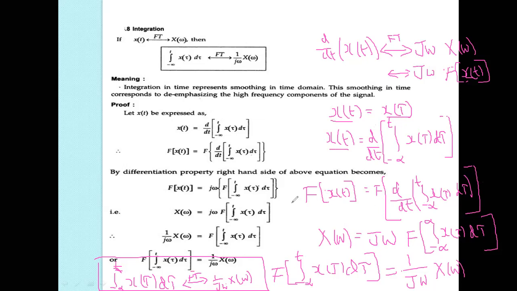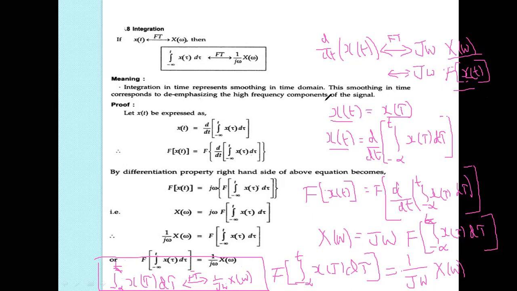Understood? Fourier transformation of x of t is nothing but X of omega. You write X of omega is equal to j omega into the Fourier transformation of the integral from minus infinity to t of x of tau d tau. Cross multiply 1 by j omega into X of omega, remove the equal to, and write it as a pair. The integral from minus infinity to t of x of tau d tau is a Fourier transformation pair with 1 by j omega into X of omega.